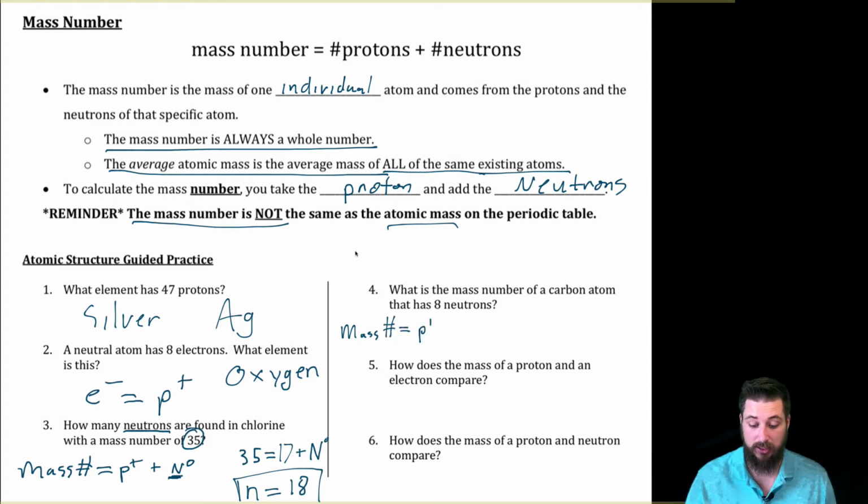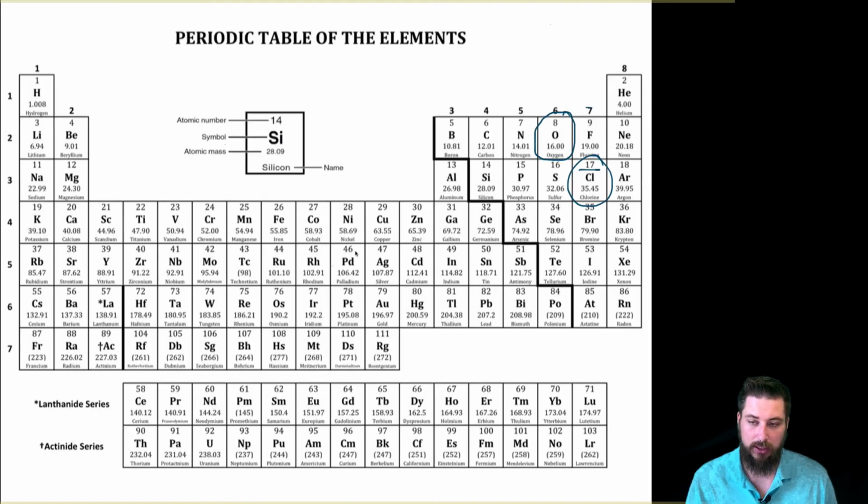It tells us the neutrons, and so you can see that we have 8 neutrons. Now it says that it's carbon, and we can find the protons by looking at the periodic table. If you take a look at the periodic table, you'll see that carbon is right here, and it has 6 protons.